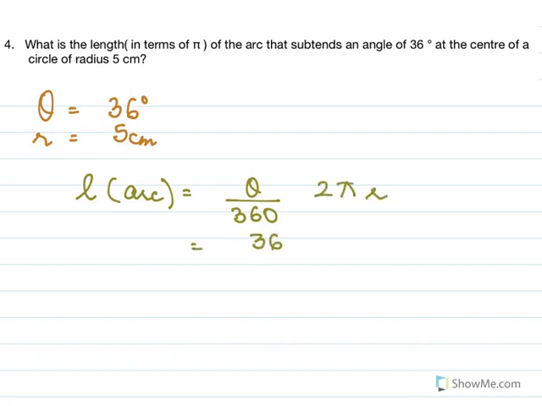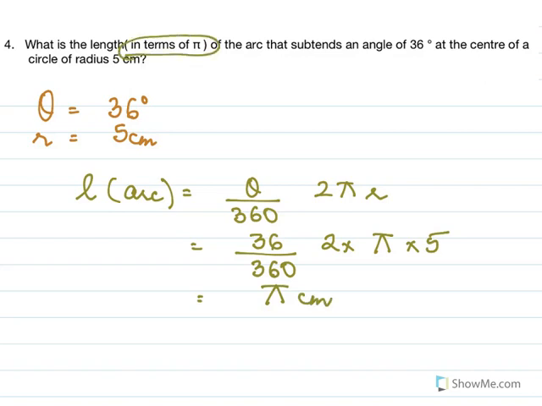Here theta is 36, 360, 2 pi, r is 5. Now when I cancel this, my answer comes as pi centimeter. We have to do it in the terms of pi, so we don't substitute for pi.